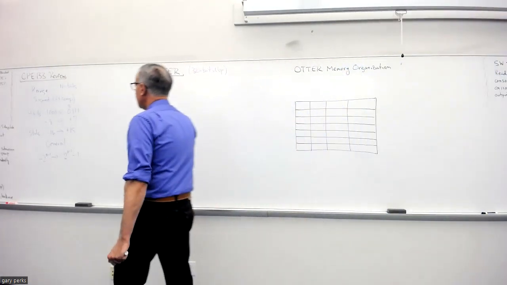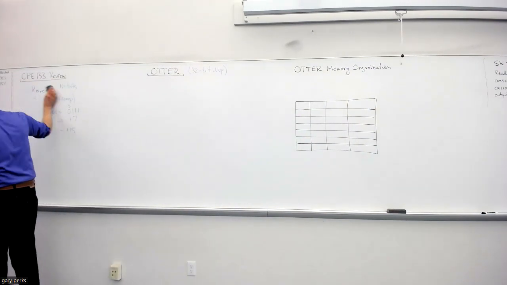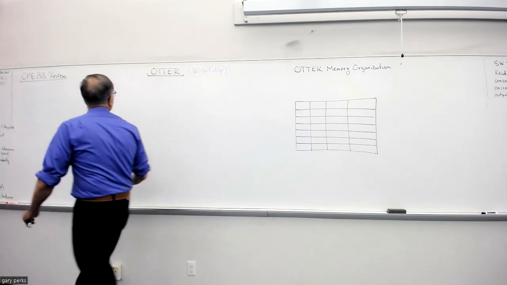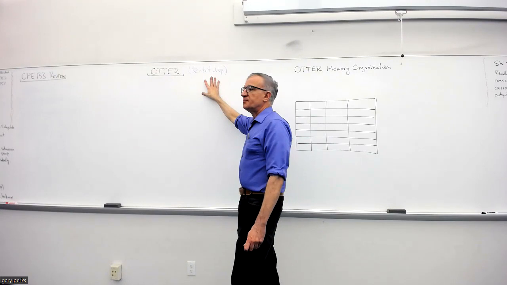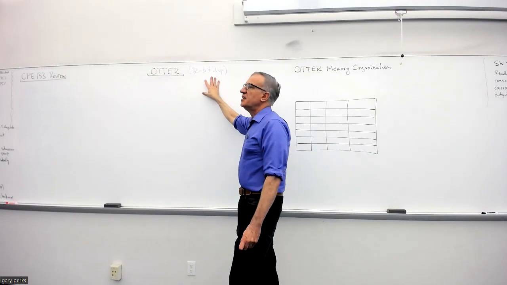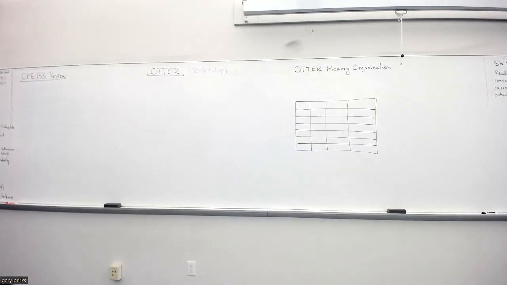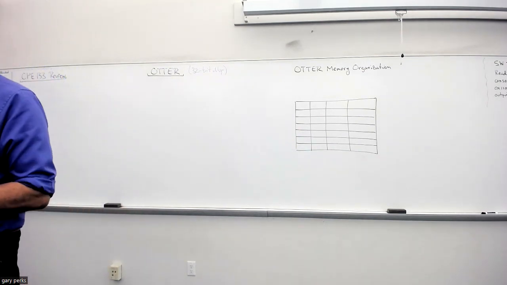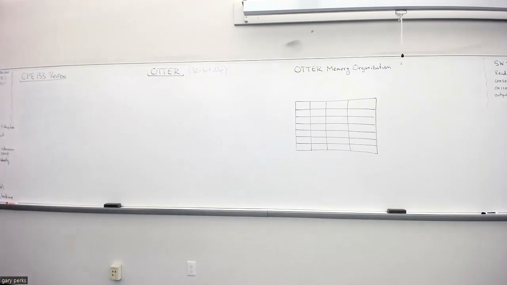Let's go ahead and move on and start talking about the Otter. As I mentioned, the Otter is a 32-bit microprocessor. You'll also hear people call it a microcomputer, and there may be other people that call it a microcontroller.